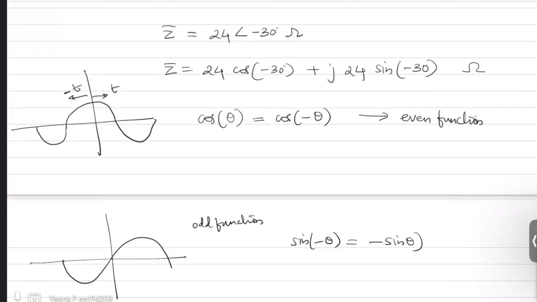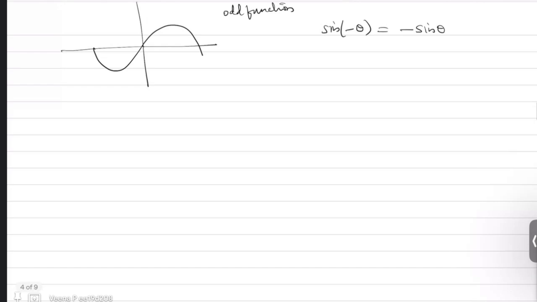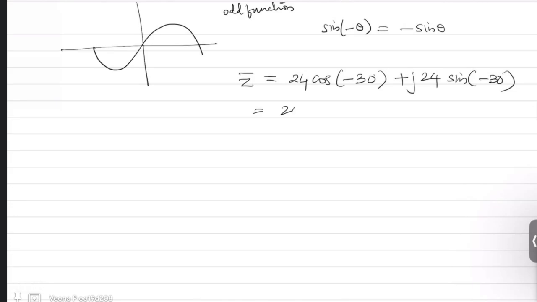So if you apply this in this impedance equation, Z is 24 cos minus 30 plus j 24 sine minus 30. So cos minus 30 is nothing but cos 30. It's an even function. Whereas sine is an odd function. So sine minus 30 is minus sine 30.